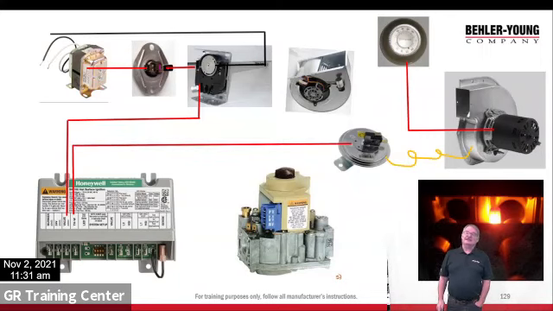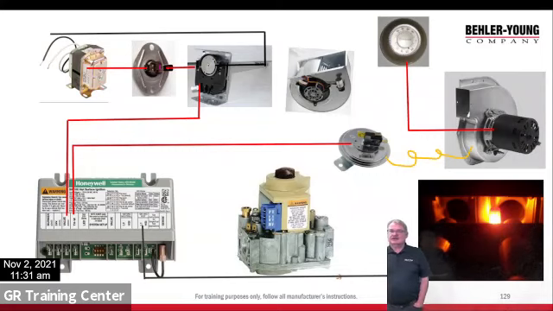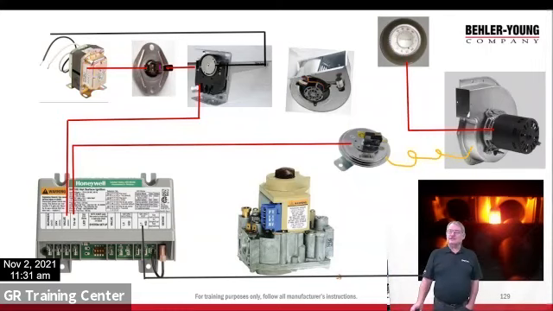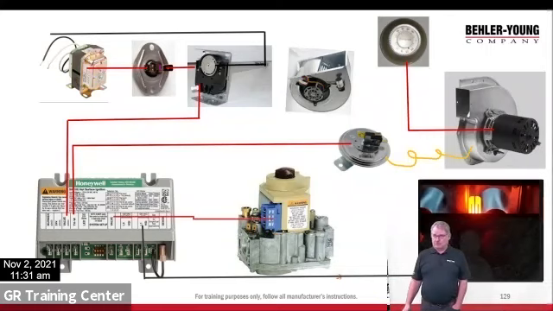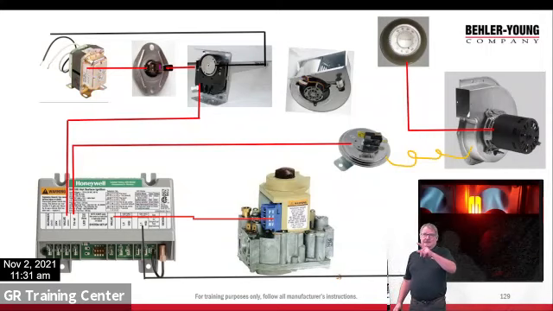So that tells the igniter, okay, inducer's running. We're going to send power to the igniter or the spark or whichever it is. So in this case, it's hot surface. The igniter is going to come on for a period of time, usually 3 to 6 seconds. We're going to send power to the valve, which is going to open the valve. If the burners ignite and the flame rod picks it up, remember, it carries all the way across.